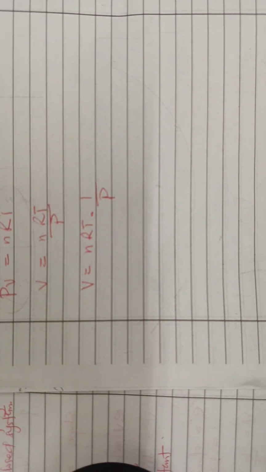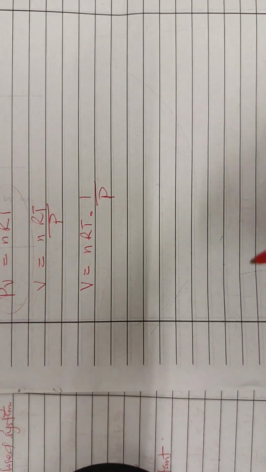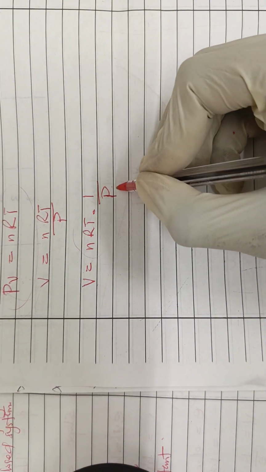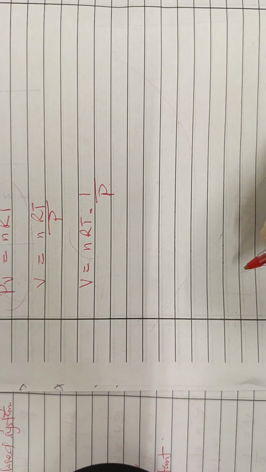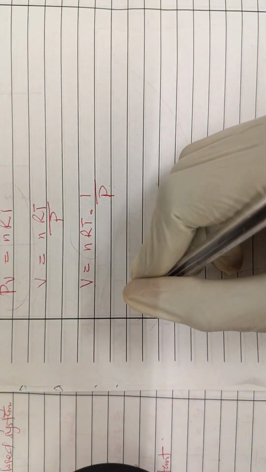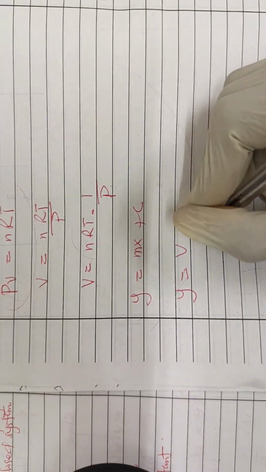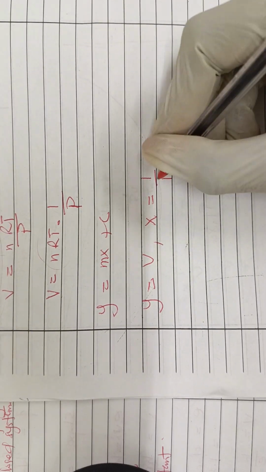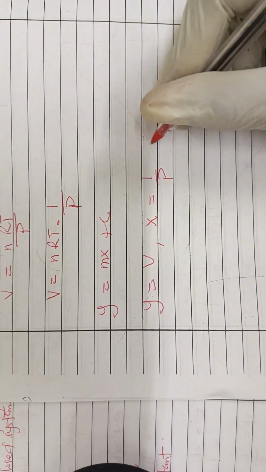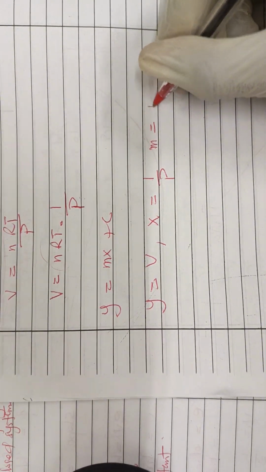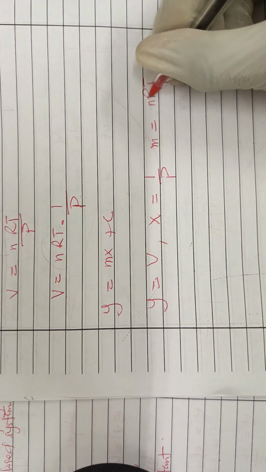Mind you, we are plotting this against this. So anything in front of our x component becomes our slope, our gradient. So comparing to this y equals mx plus c, our y component becomes our V, our x component becomes our 1 on P, and our m, which is the gradient or the slope, becomes nRT.